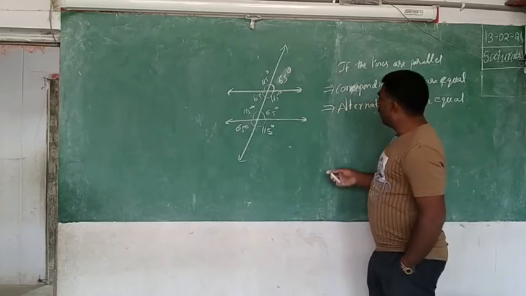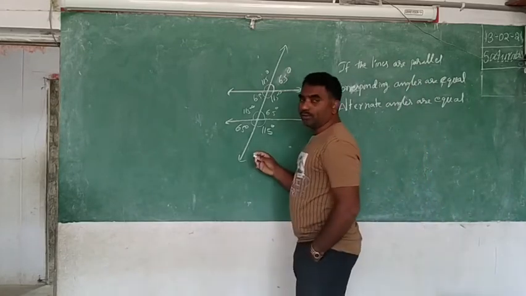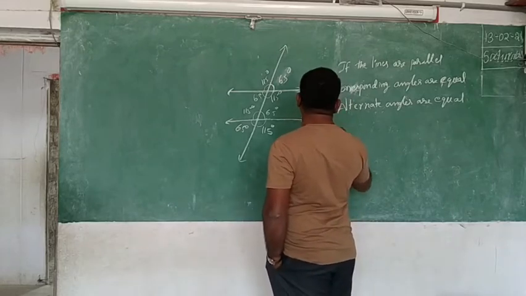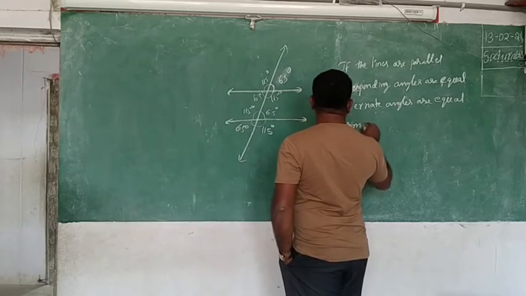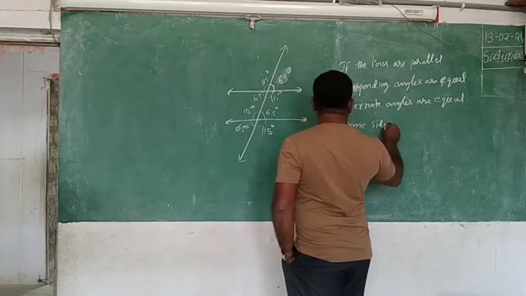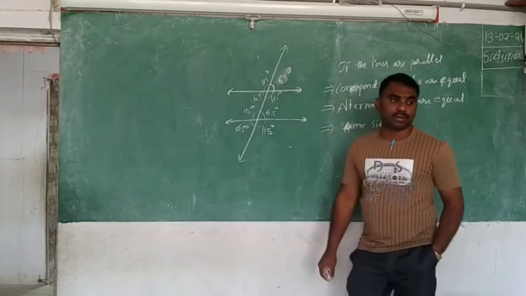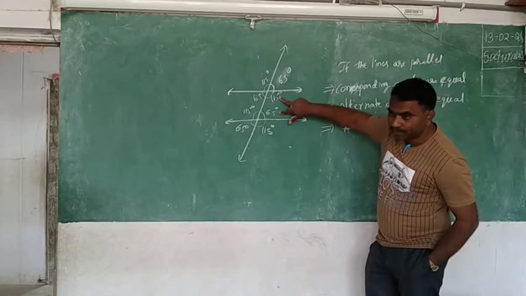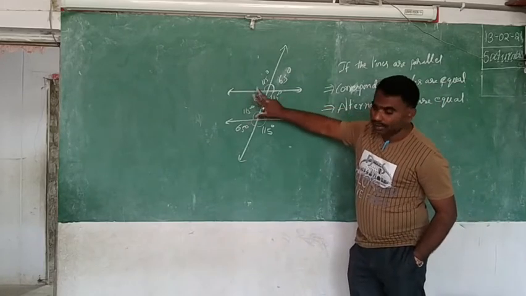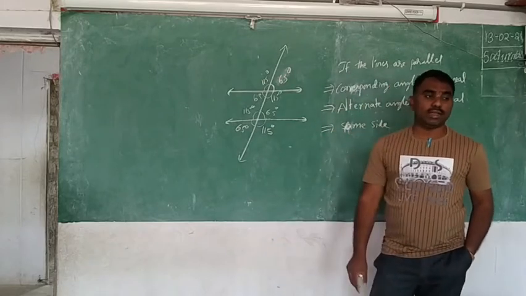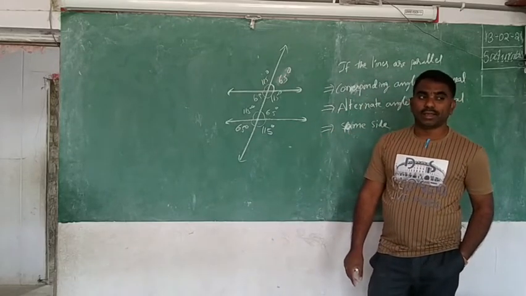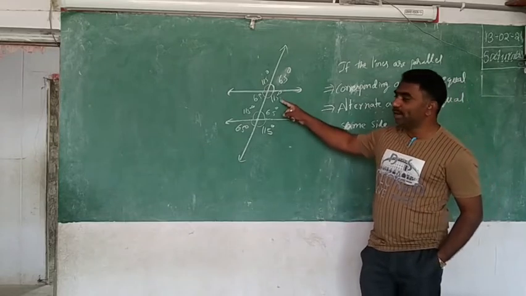Okay. And one more you can observe, same side angles. How are the same side angles? Can you check it? Same side means interior same side, exterior same side. How are they? Are they equal? No, they are not equal. But you can observe that by adding them you will get 180.